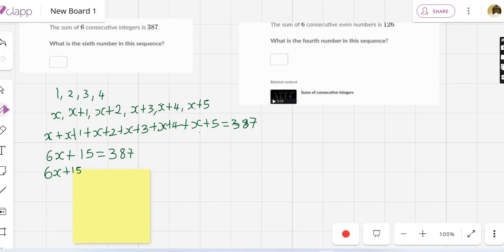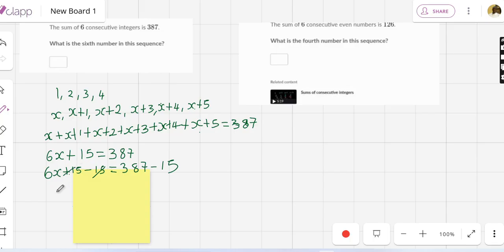Okay, that's coming. So 6x plus 15 minus 15 equal to 387 minus 15. So this plus 15 minus 15 will go.